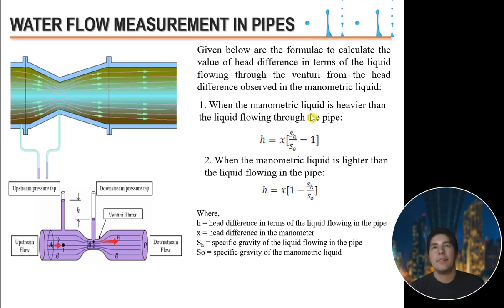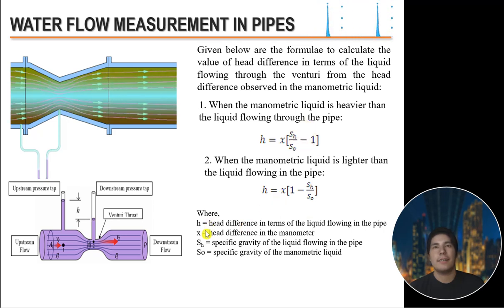If so, the value of H is X multiplied by SH over SO minus 1. But if the manometric liquid is lighter compared to the liquid passing through the pipe, this will be our formula. So the two are just swapped.